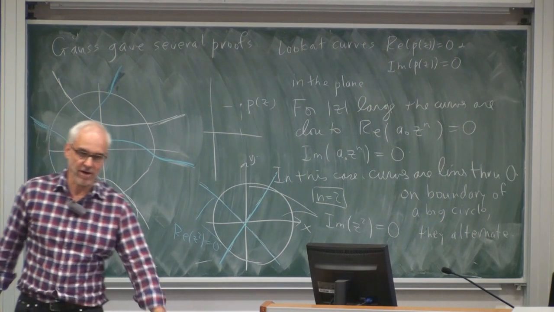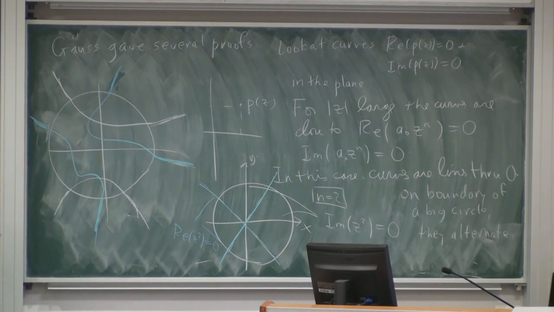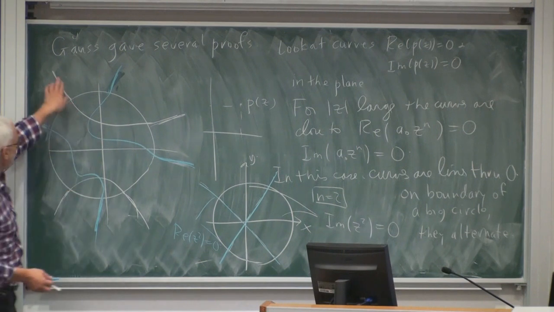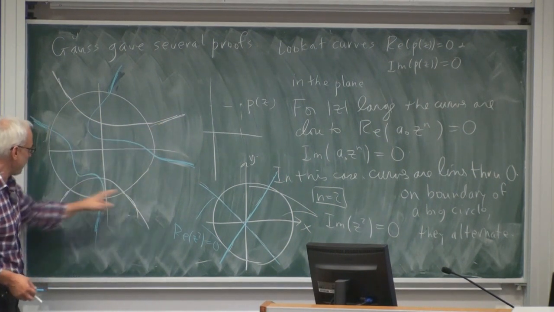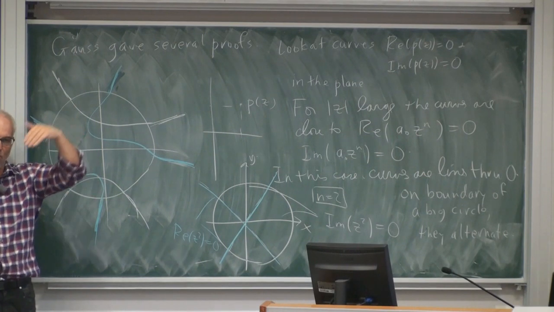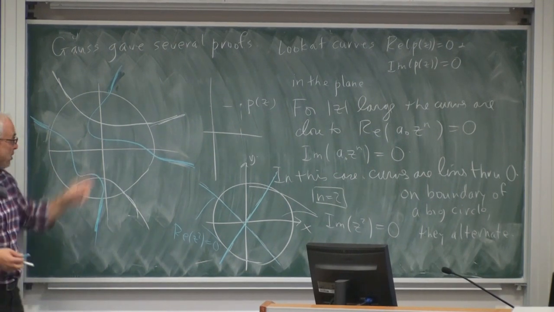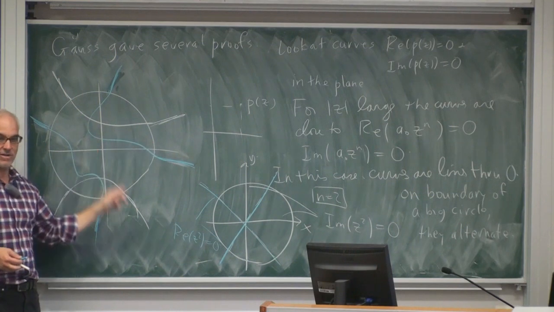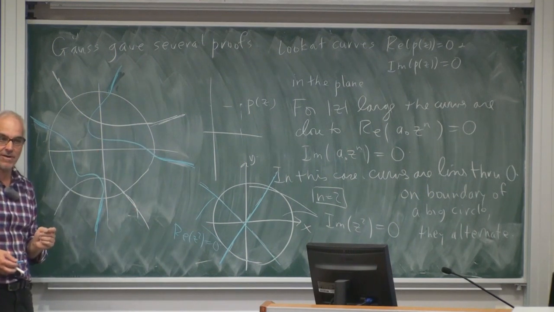And what is Gauss trying to do? Gauss is trying to argue that somewhere the white and the blue curves must meet. So it's a question of join the dots. You've got these four white lines coming into this circle, and four blue ones coming in. They're alternating, and you have to join up the whites to the whites and the blues to the blues.